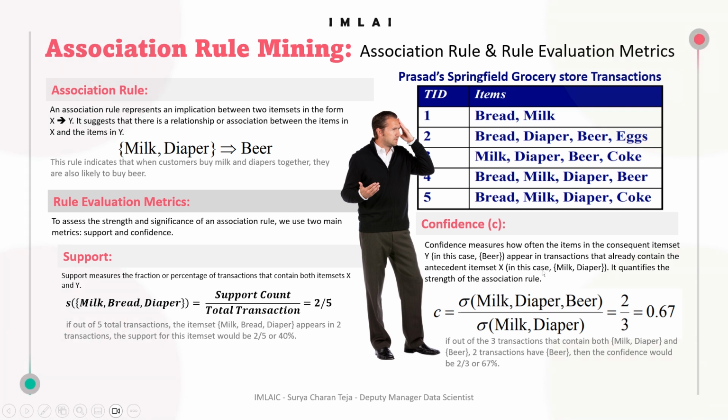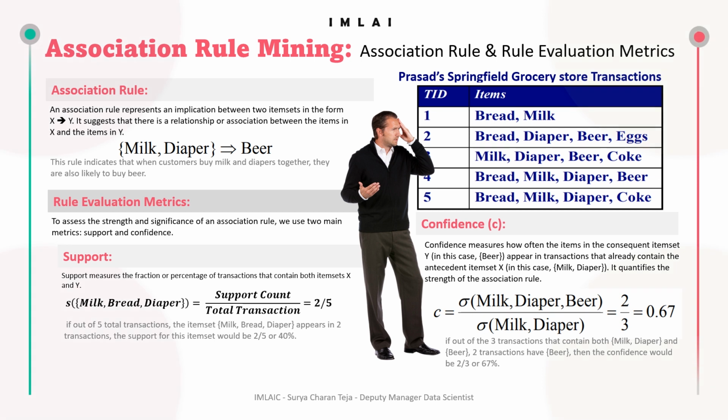After understanding support and confidence, Prasad is trying to summarize whatever he has understood so far. In Prasad's grocery store, he used association rules to understand which items tend to be purchased together.